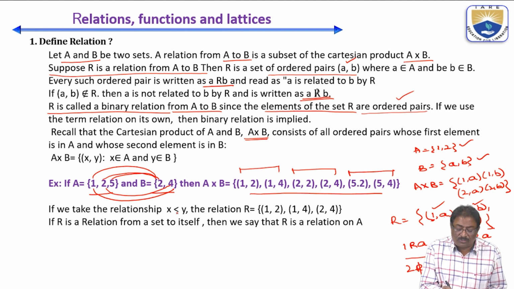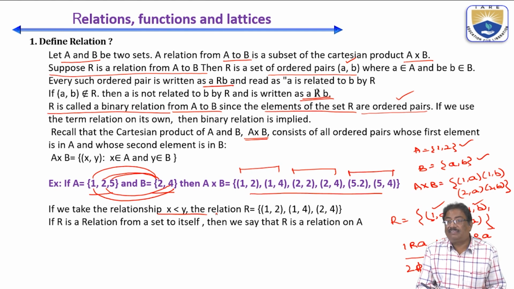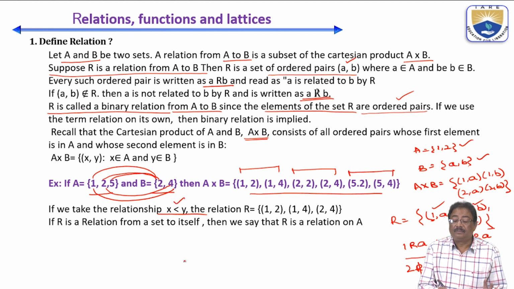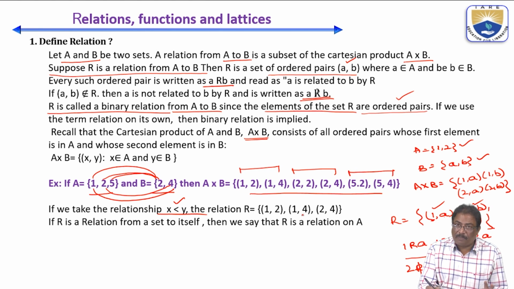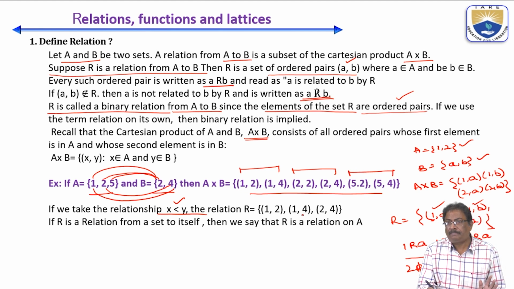So now let us write one relation. The relationship between the numbers is x is less than y. Then we select the ordered pairs in such a way that the first element is less than the second element.